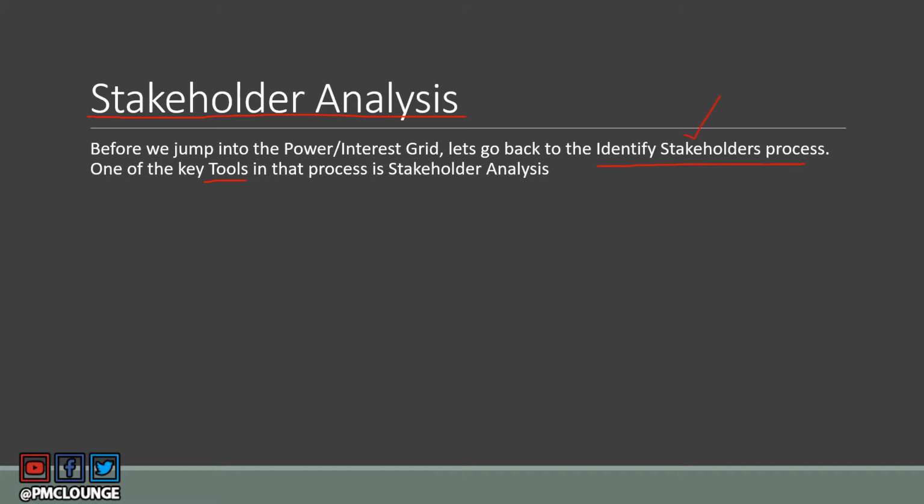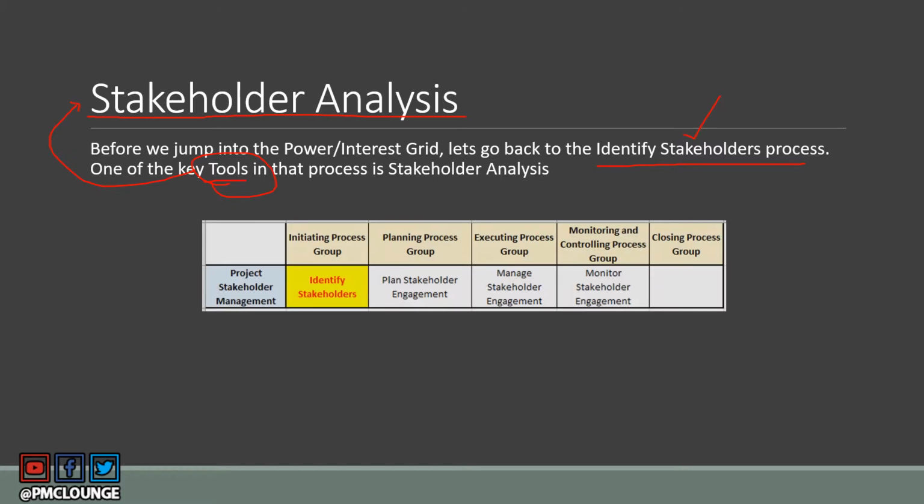If you have forgotten already, identify stakeholders is the process, and one of its tools and techniques is stakeholder analysis, which is what we are discussing. We have already discussed this process. Like I said, the second link in the description is the playlist of every single video that we have covered on the stakeholder management knowledge area. You will find a video on identify stakeholders there as well.